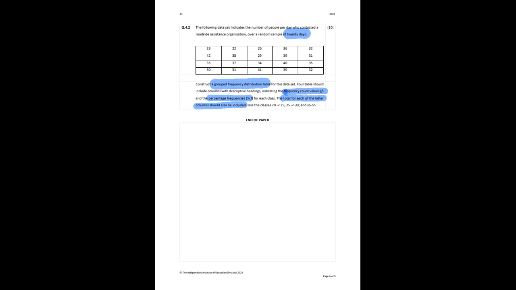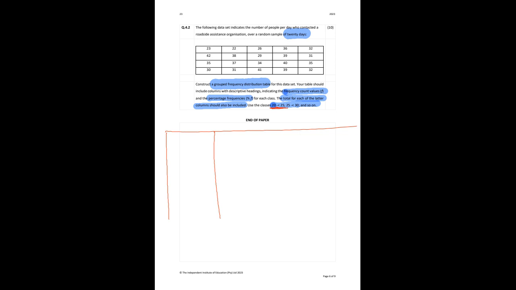And they said to you to use the classes 20 till less than 25, 25 to less than 30, and so on. So they actually gave you a starting point here in terms of your columns. The number of people per day who contacted the roadside assistance. The number of people is, they gave you a starting point, 20 to less than 25.